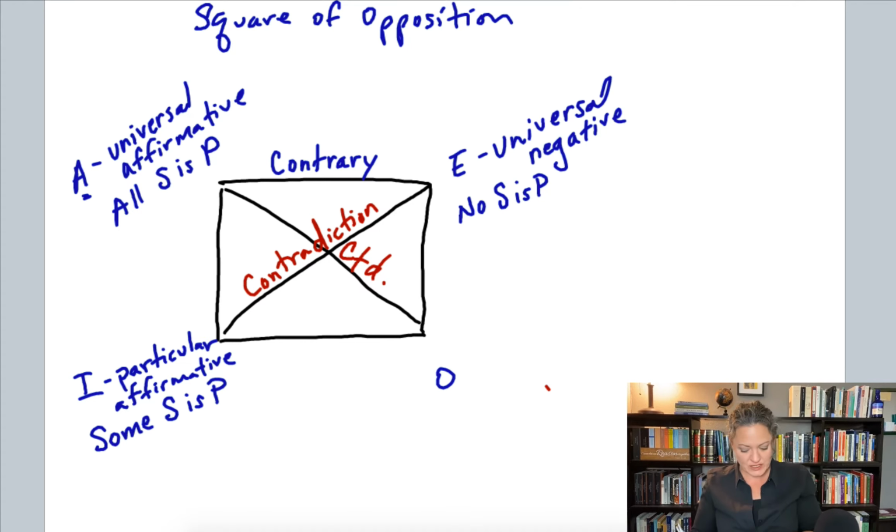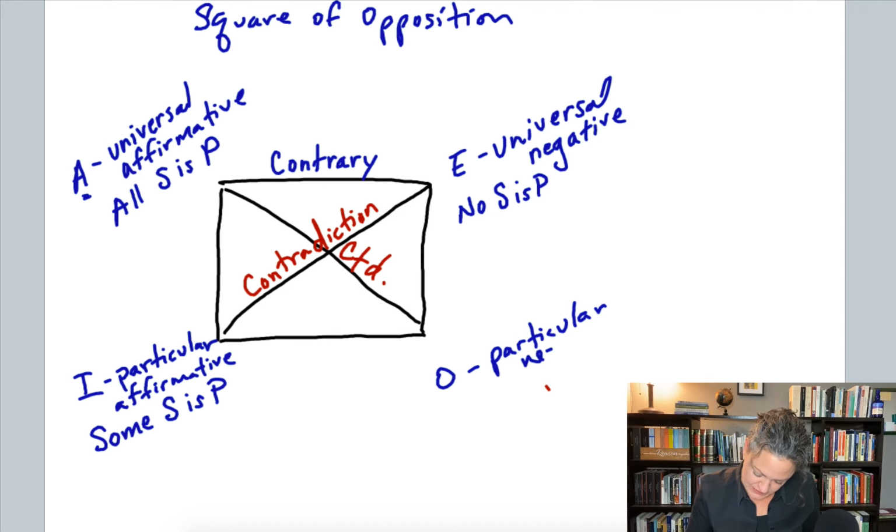Now you can guess what the O is, right? What's the only one that's missing now? This is the particular negative, which is what? I'm going around saying all iPhones are made by Apple. The contradiction to that would be some iPhones are not made by Apple.